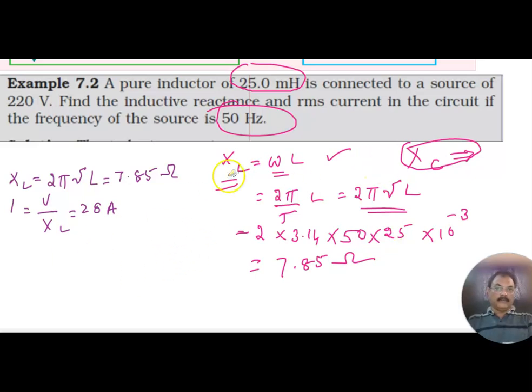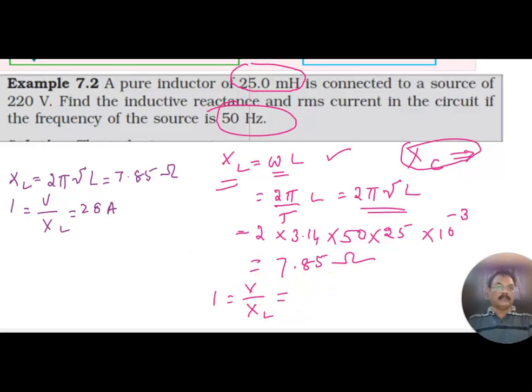Then the next question: the RMS current. How to find it? I is equal to the RMS voltage divided by the resistance, using Ohm's law. What resistance here? The resistance is the inductive reactance.